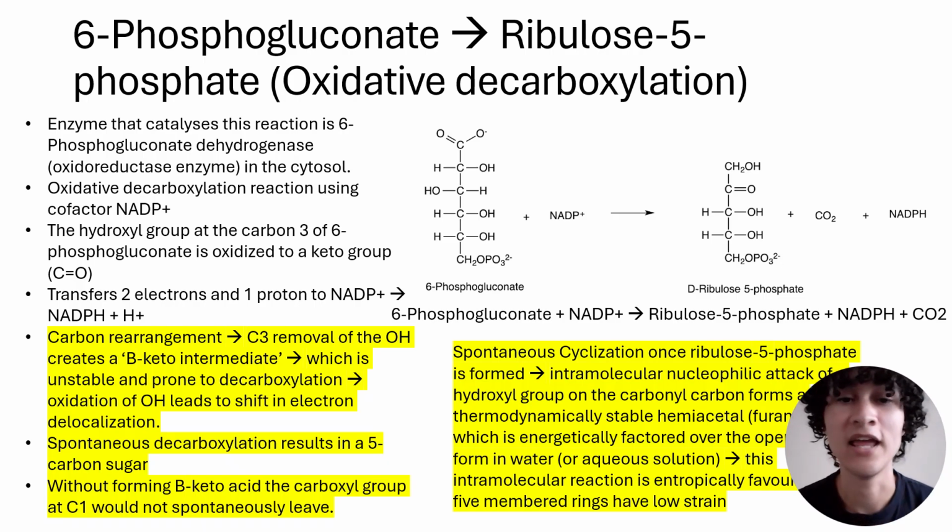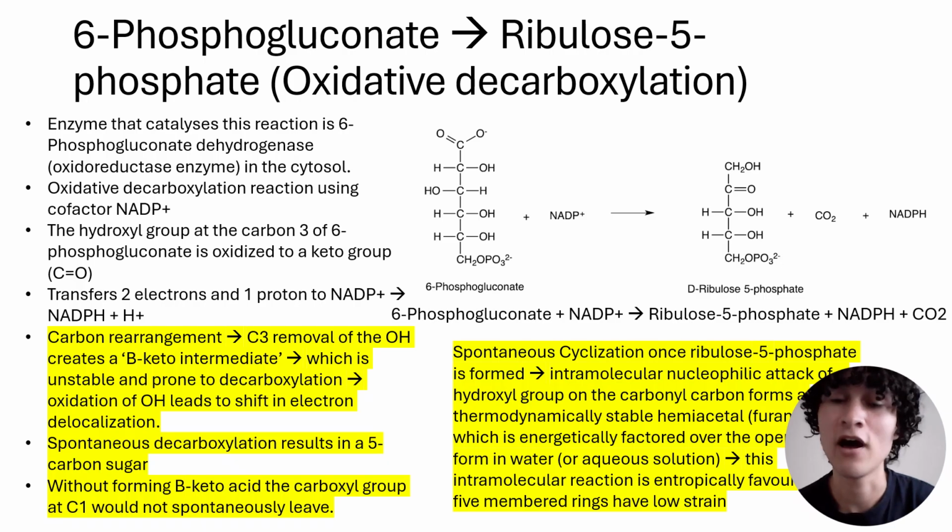It uses that cofactor NADP+. Now, before we were focusing on that C1 carbon on our molecule, but now we're going to go to our third carbon. Our third carbon contains that hydroxyl group, and our cofactor NADP+ is going to oxidize that hydroxyl group into a ketone, and a ketone is still a C double bond O functional group like that carbonyl group.